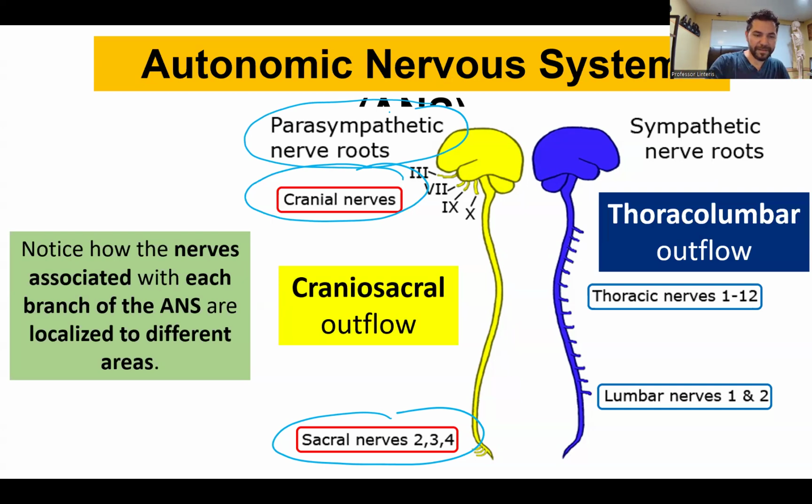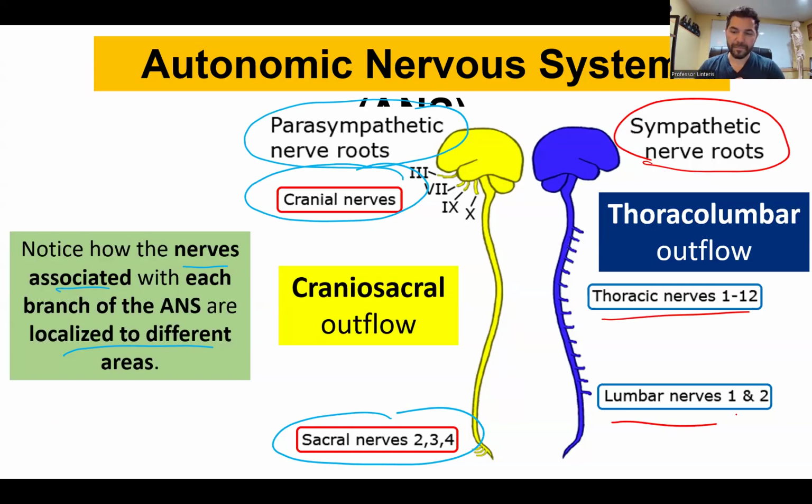So all this means is that the nerves associated with each branch come off different areas. The parasympathetic will be a craniosacral outflow, as opposed to the sympathetic, which will have a thoracic and lumbar outflow. That's where the nerves branching off the spinal cord come from, right?